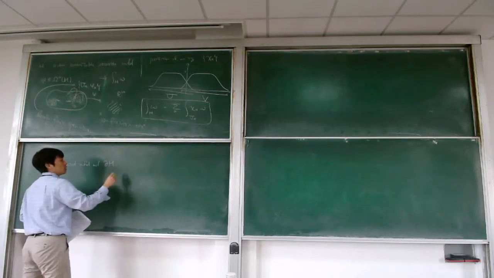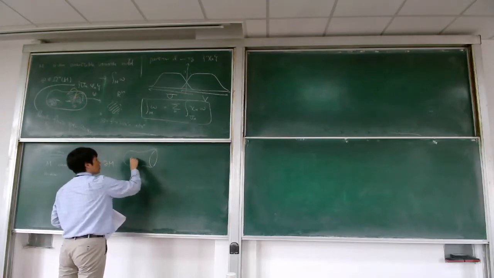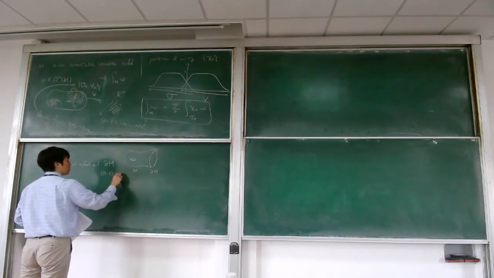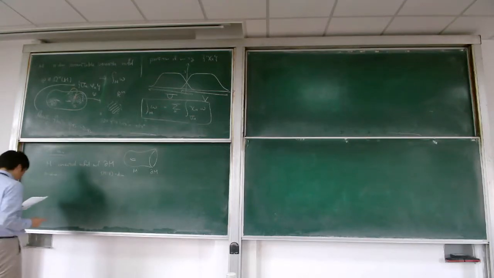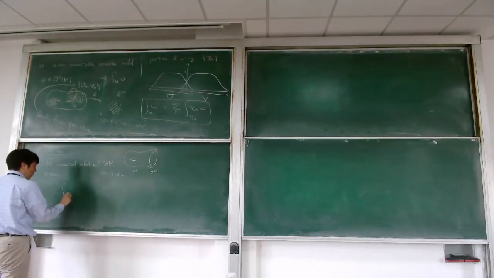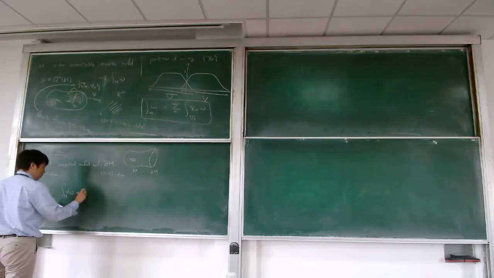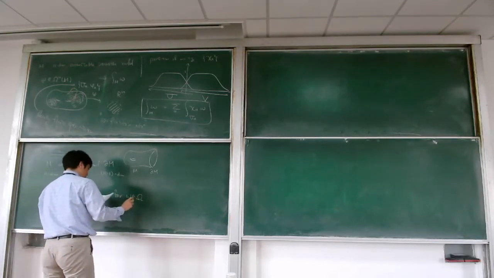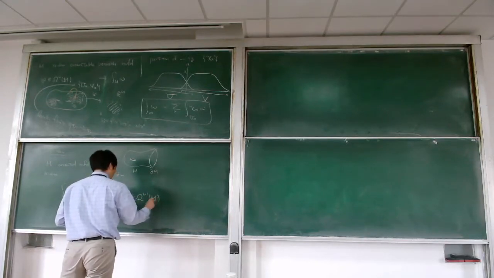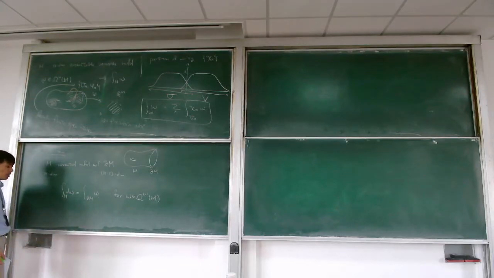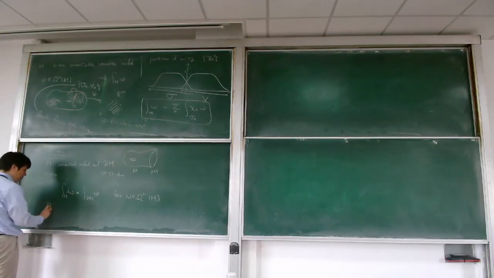In particular we are thinking about the situation M and the boundary of M, which is (n-1)-dimensional. And here we assume that omega has compact support on M.